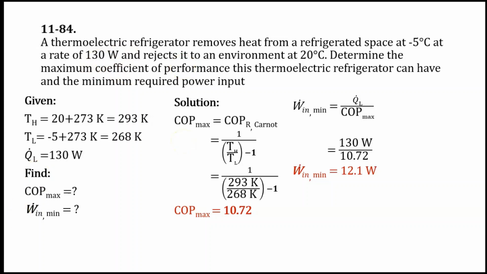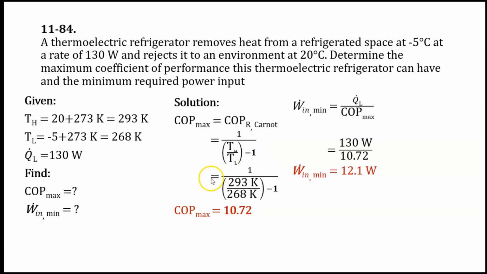So the maximum coefficient of performance of this thermoelectric refrigerator is the coefficient of performance of a Carnot refrigerator operating between the same temperature limits. So the coefficient of performance, which is the maximum, is given by 1 over the high temperature over the low temperature minus 1.